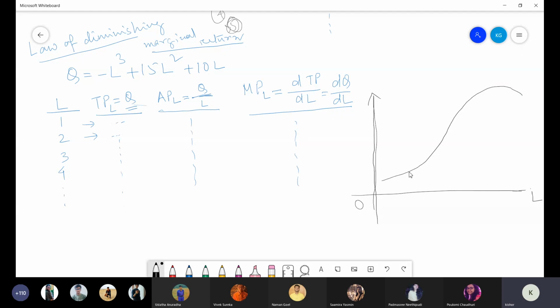My diagram is not very good, but this will be the graph for total product with respect to labor. You may find a similar kind of shape.